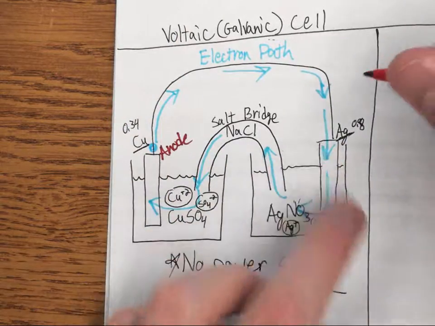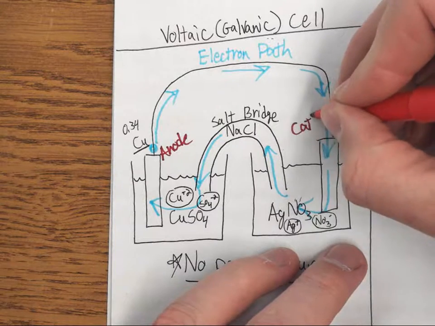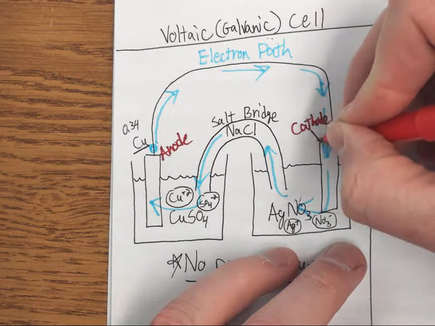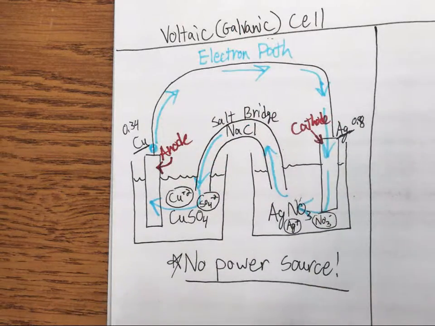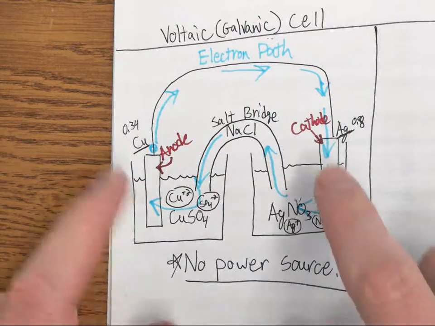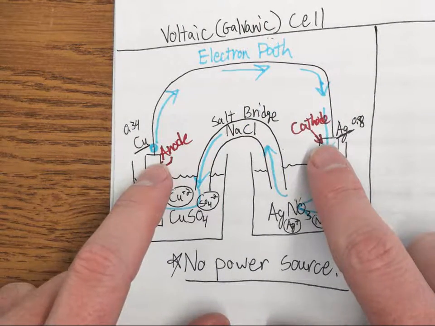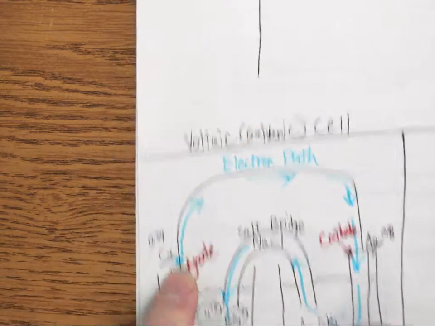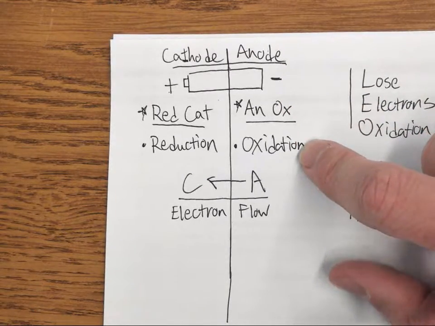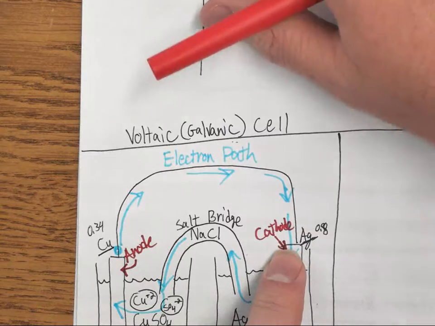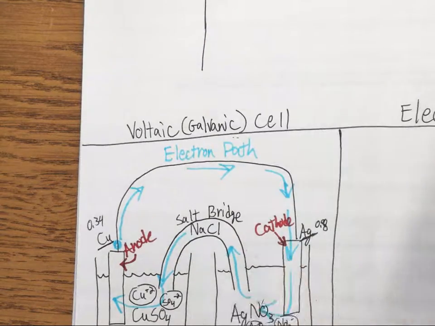This has to be our cathode. Okay, now what does that tell us is happening at each of those spots? At the anode, we know that oxidation is occurring, right? At the cathode, reduction, exactly.